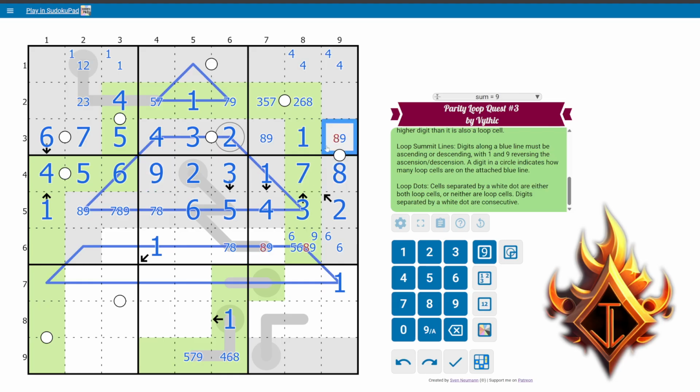That is 8. That is 9. 8, 9. And now we know that is 9. So now we know it does not go that way. Because it would have to get that one. So it comes down.